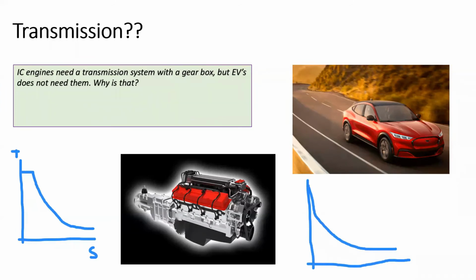Other than that, it's the same. As a result, it does not need a gearbox. It can operate without a transmission. Also, as a result of this very high torque, even at 0 RPM, right?